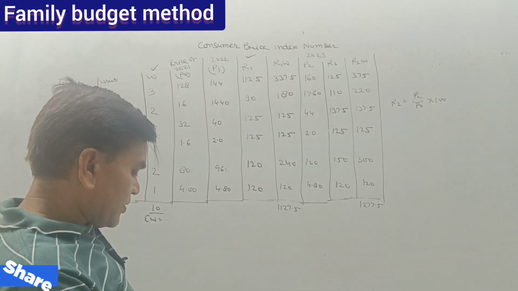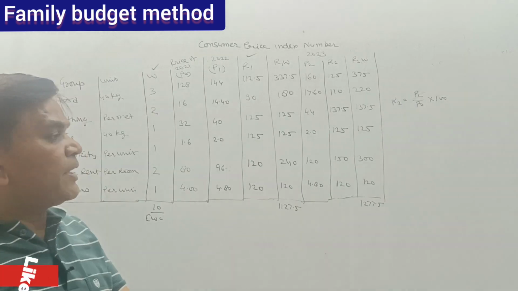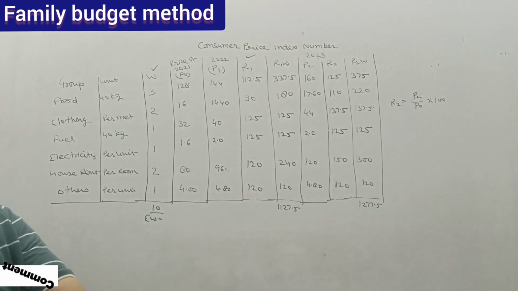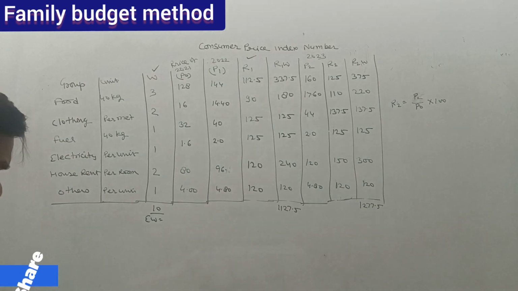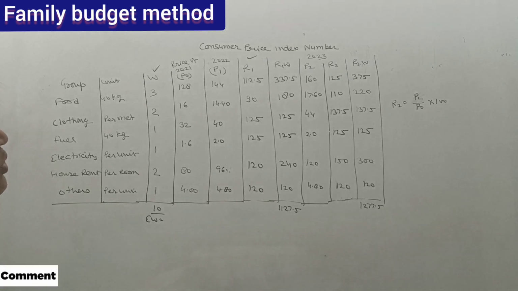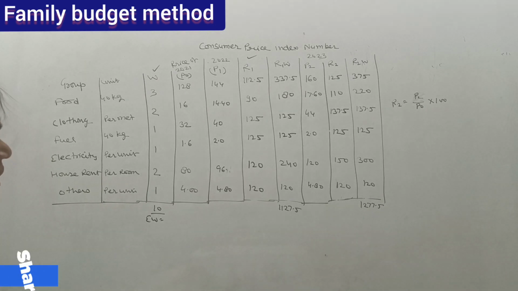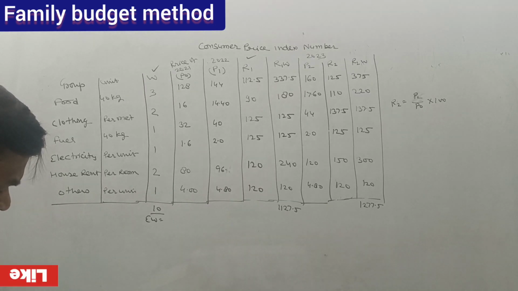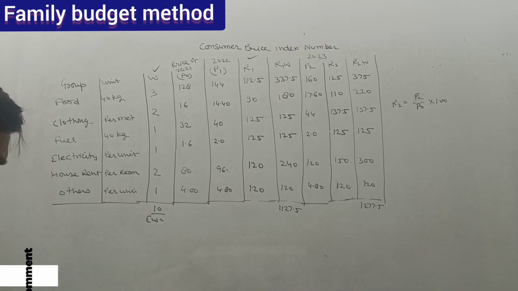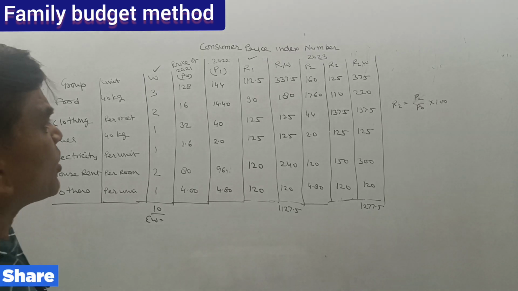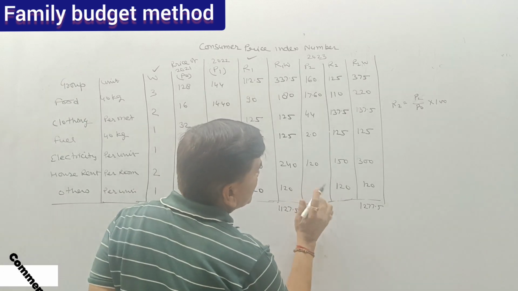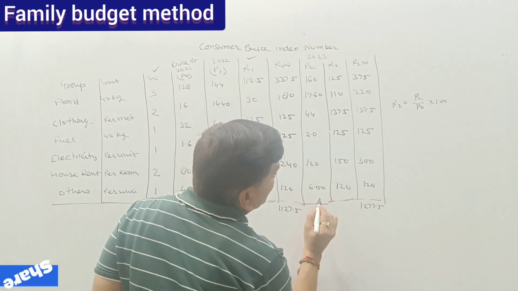The total is 1277.5, but in the book there is a difference. The difference is here: the price is 6 rupees, wrongly we have written.